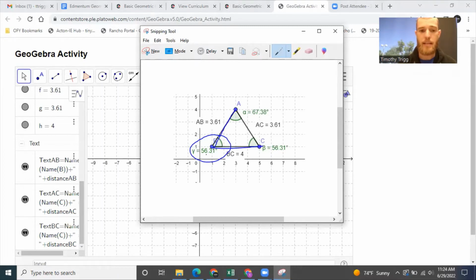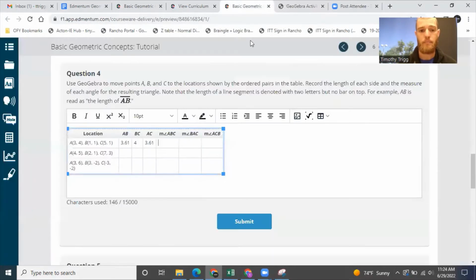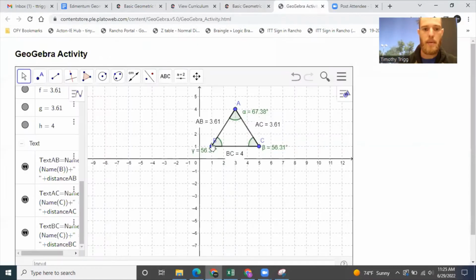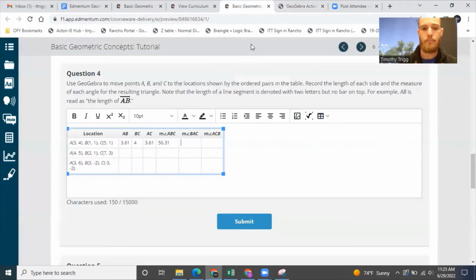So angle ABC is going to be 56.31. BAC, notice A is the vertex in this case. BAC is going to be 67.38. And then ACB is the same as ABC, right? Where C is the vertex, 56.31 degrees.